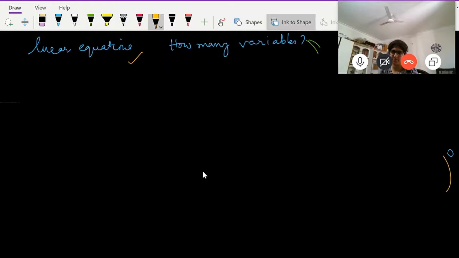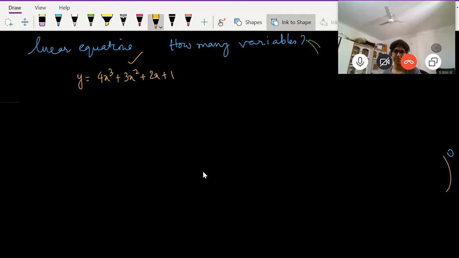Now let us look at the higher degree polynomials. And I've seen questions in CBSE coming around that. So let's say I have a curve y equal to 4x cube plus 3x square plus 2x plus 1, right?